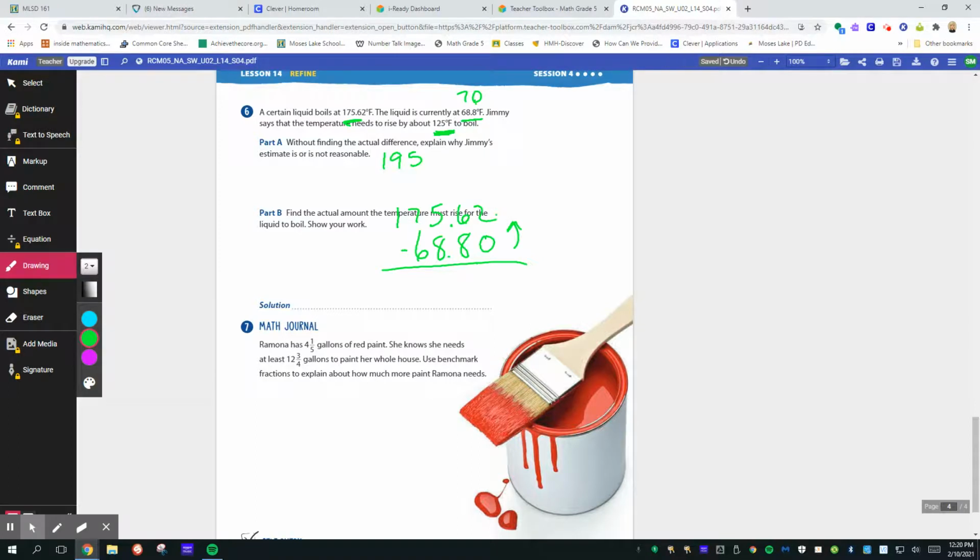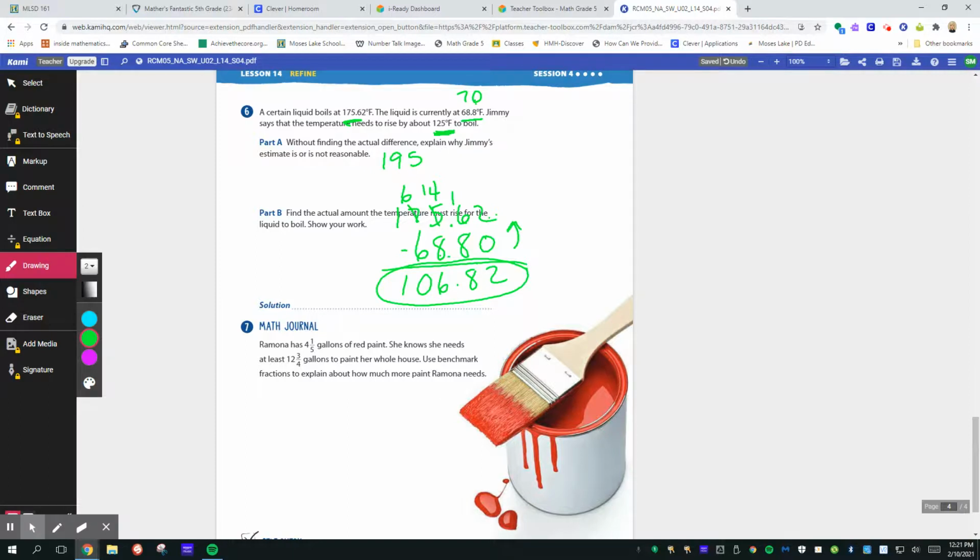So we're subtracting. 2 take away 0 is 2. 16 take away 8 is 8. Decimal comes straight down. 4 left. Borrow. So 14 subtract 8 is 6. And 6 subtract 6 is 0 and 1. So it really only needs to come up 106 and 82/100. So he was over by quite a few degrees.